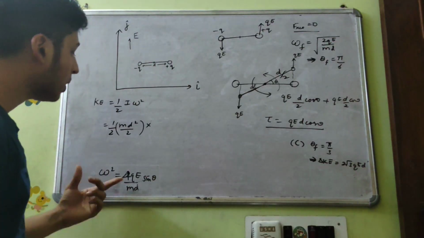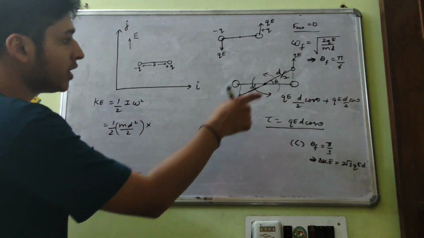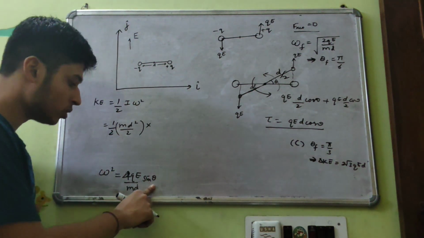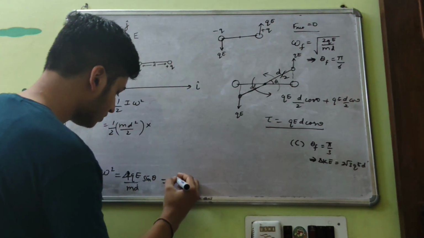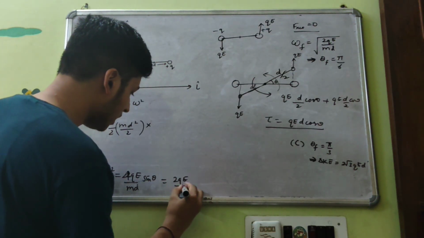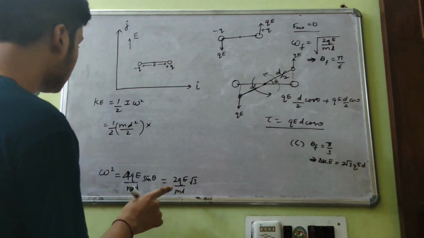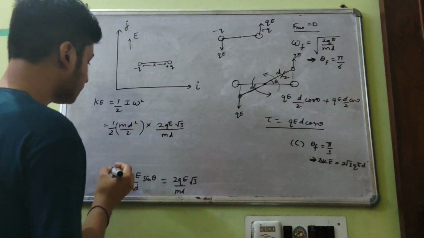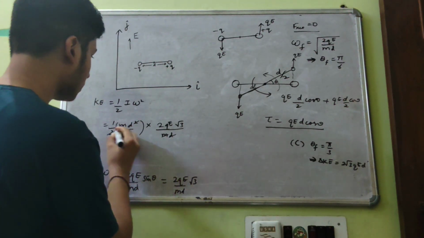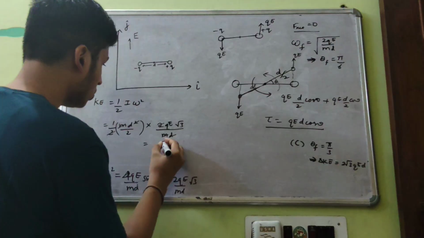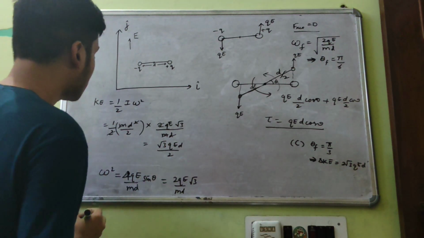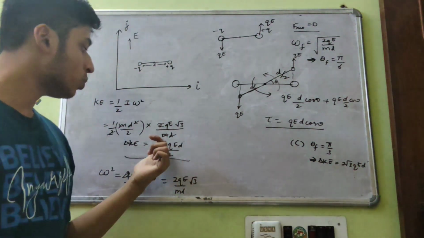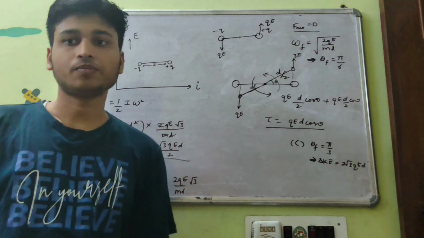So if theta final is pi by 3, sin pi by 3 is root 3 by 2, so omega square is 2 QE root 3 by md. Substituting omega square here, we get root 3 QEd by 2. This will be the change in kinetic energy. But it is said it is 2 root 3 QEd. It is root 3 QEd by 2. So option C is incorrect.